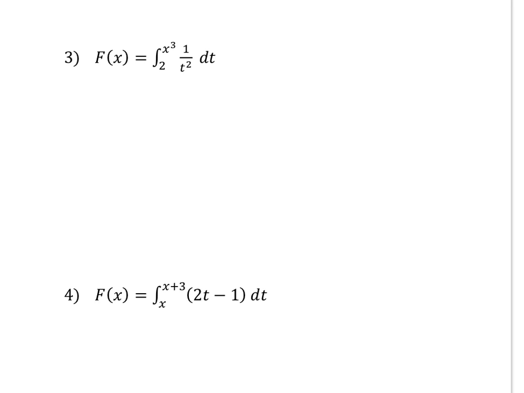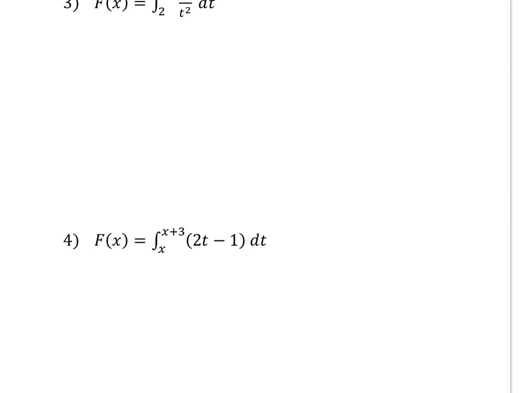Okay, so what we're looking at here is, again, we're going to be finding the derivative. Still the same instructions as last time, so we're still finding big F prime of x. Those instructions from problem 1 and 2 are still in existence.